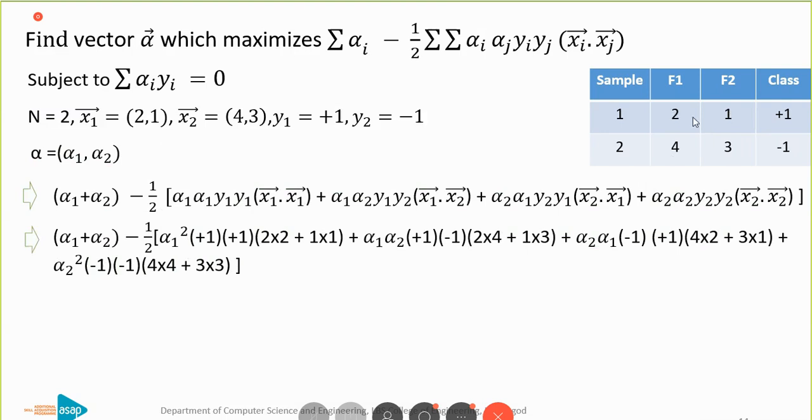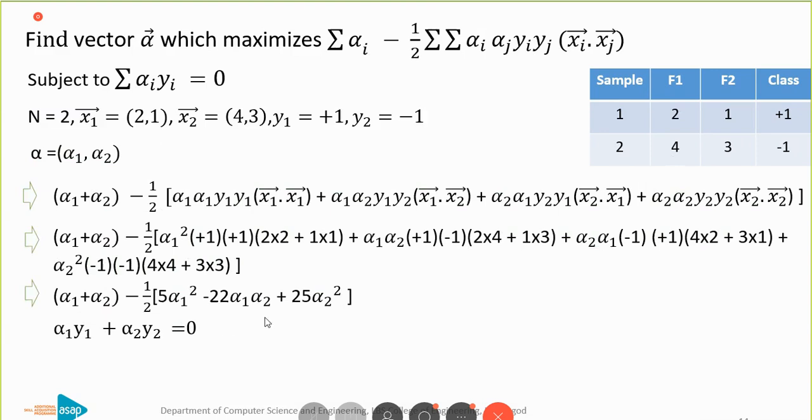The dot product of x1 with x2 is 2 into 4 plus 1 into 3. The dot product of x2 with x1 is 4 into 2 plus 3 into 1. Then the dot product of x2 with x2 is 4 into 4 plus 3 into 3. When I simplify it, I get alpha 1 plus alpha 2 minus 1 by 2 into 5 alpha 1 square minus 22 alpha 1 alpha 2 plus 25 alpha 2 square.